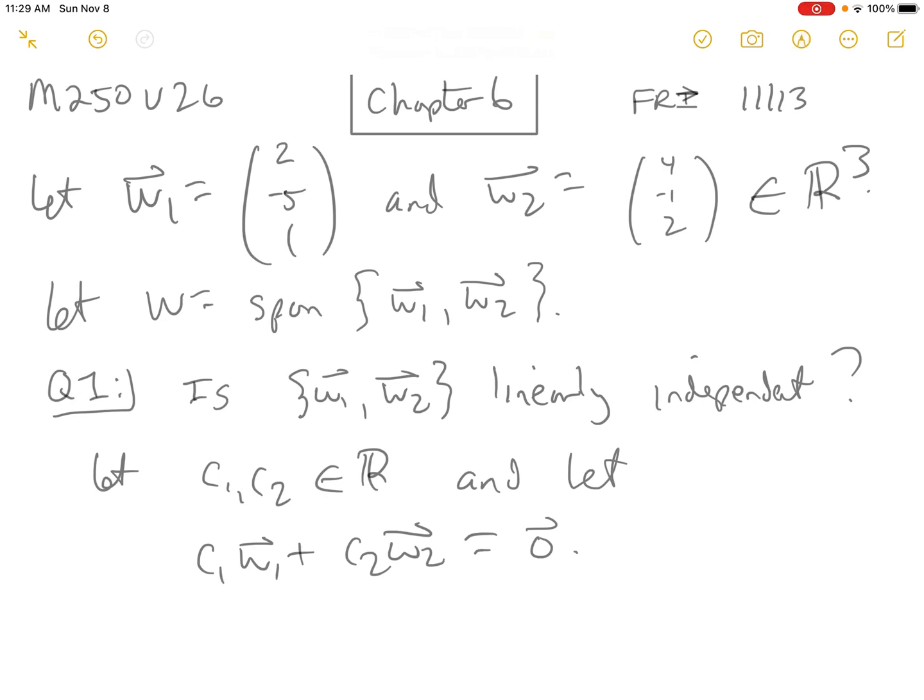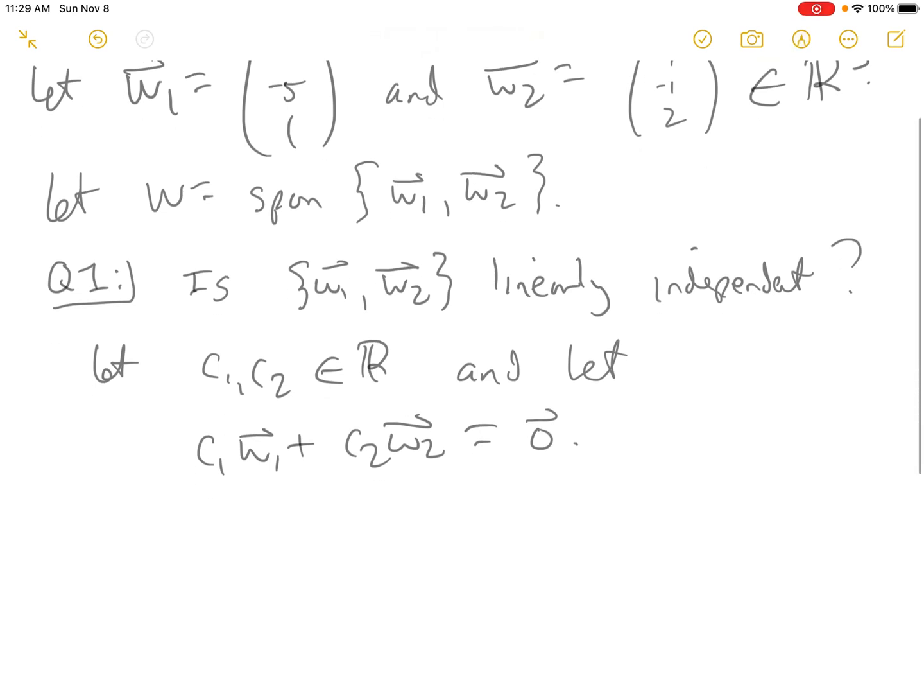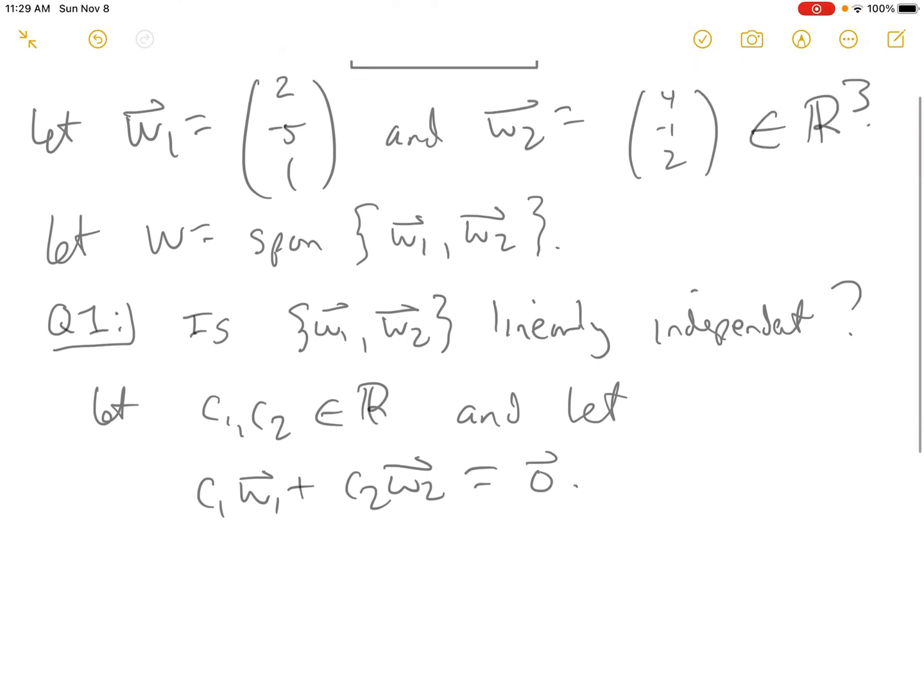And we want to show that C1 and C2 must be 0, or we want to find a relationship between C1 and C2, which would tell me they're linearly dependent. I think these are linearly independent, so I want to show C1 equals C2 equals 0 is the only solution.